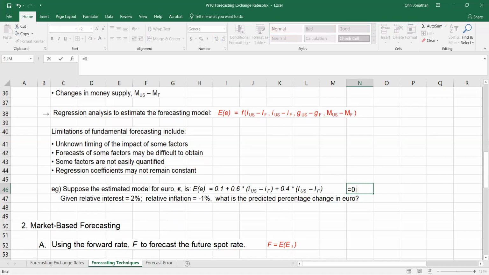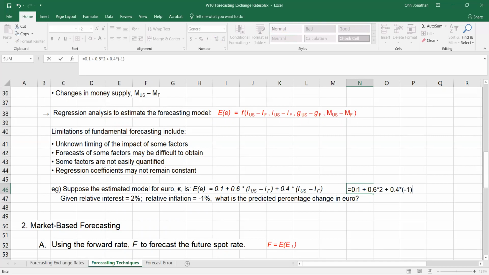So 0.1 plus 0.6 times 2%, plus 0.4 times minus 1.